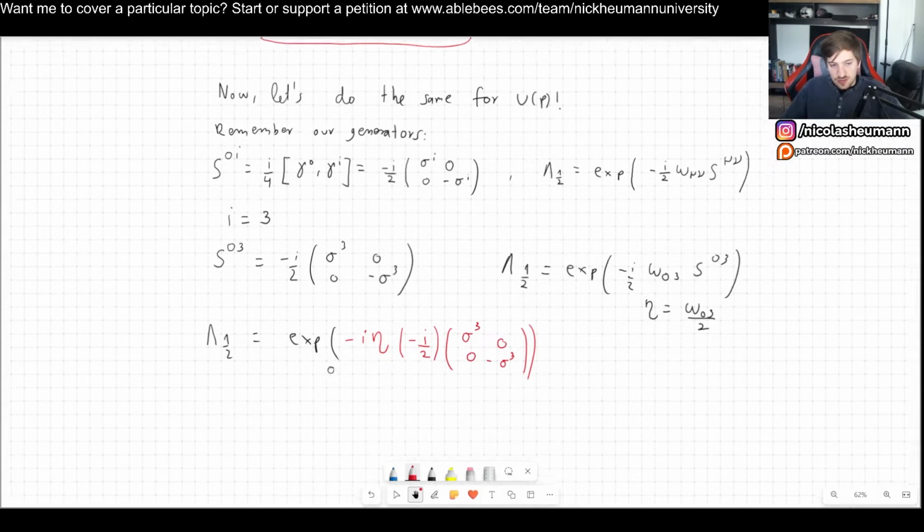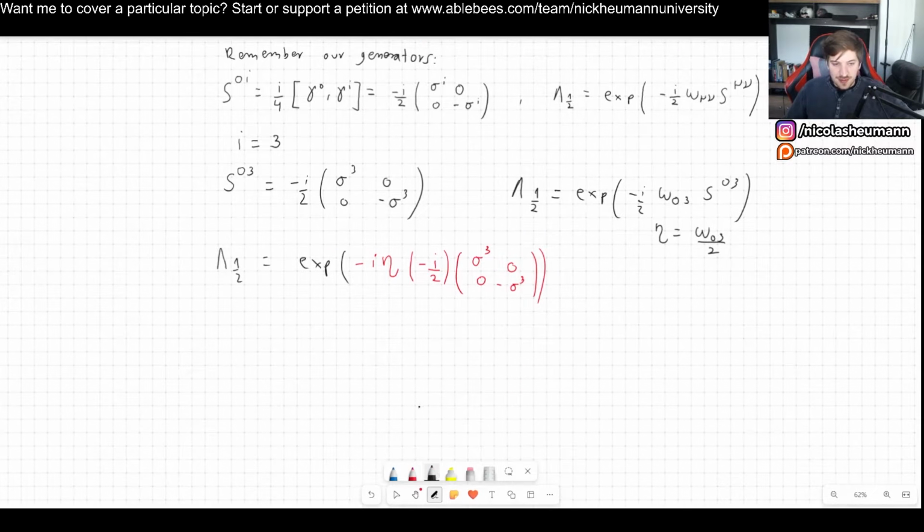And here we can do some very, very simple simplifications. The minuses cancel out once, but then we get another minus sign because of the i's, and we get minus eta over 2 times sigma 3, 0, 0, minus sigma 3.